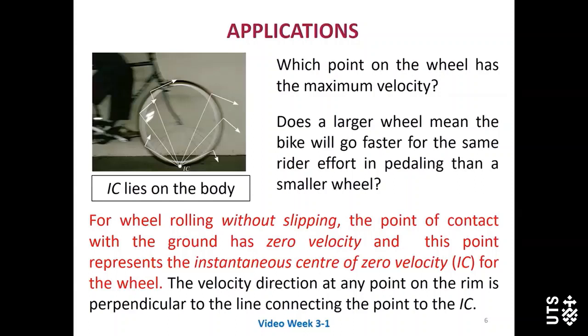So slipping will occur. But here we assume no slipping. So the velocity of this contact point on the wheel must be 0. The body is not necessary to have a circular cross section.